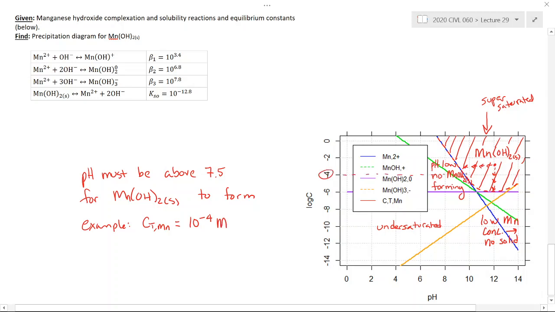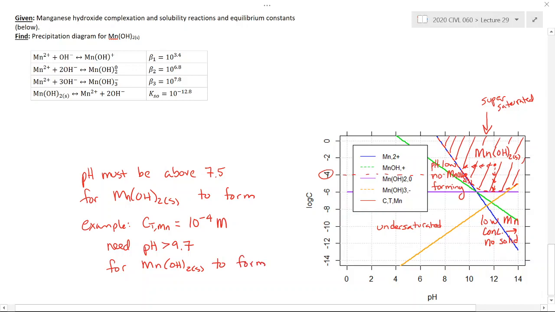If I go over here, that tells me that I need a pH of about, let's say, about 9.7 for manganese hydroxide to form. Below that, it's going to be soluble.